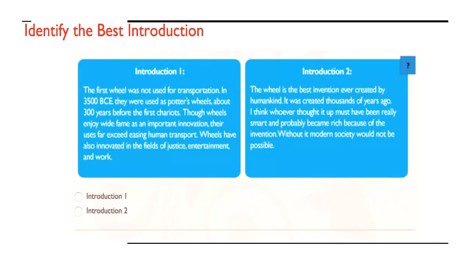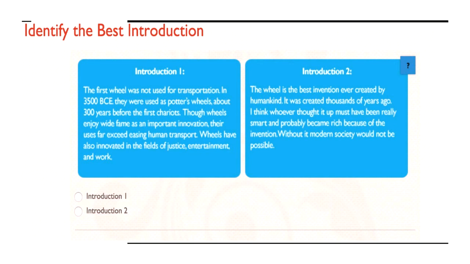Okay, so let's do another one. Introduction 1: The first wheel was not used for transportation. In 3500 BCE, they were used as potter's wheels, about 300 years before the first chariots. Though wheels enjoy wide fame as an important innovation, their uses far exceed easing human transport.